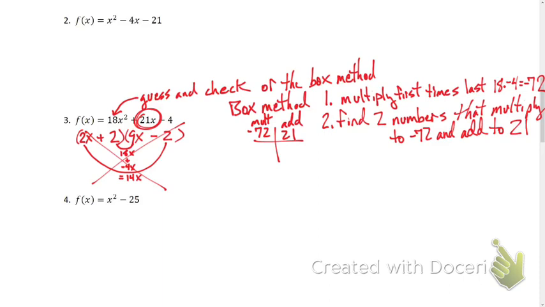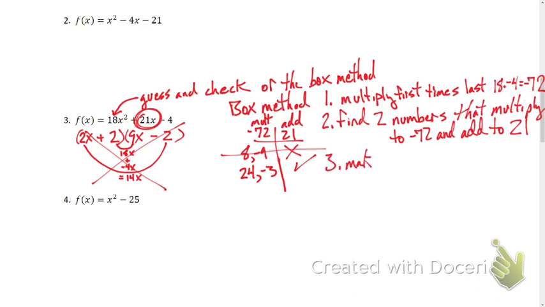And long story short, do a bunch of trial and error, maybe try 8 and -9, that doesn't work. But 24 and -3, that works. Multiplies to -72 and adds to 21. At that point, I think that is the hardest step.